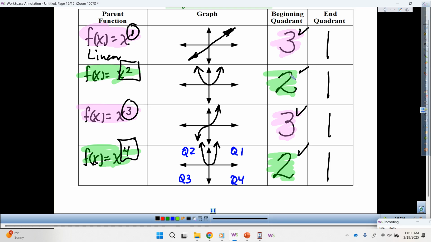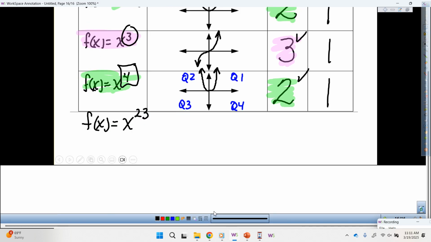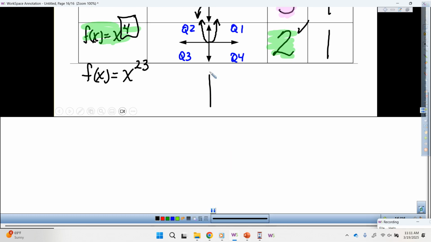All right. So what if I did this? Look up. Where does it start and where does it end? Tell your neighbor. All right, where does it start? Let's go back over here to Geo.